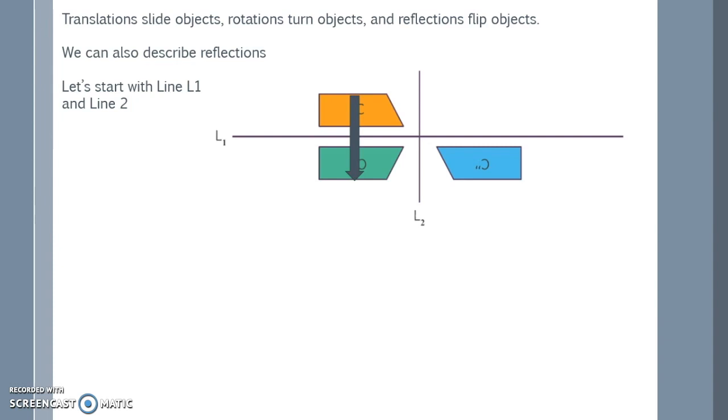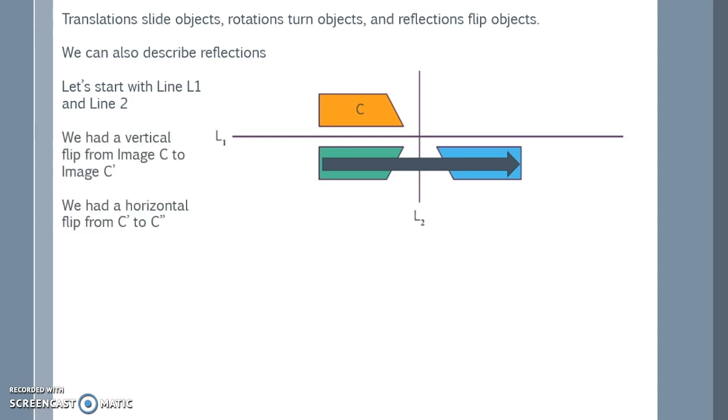Further, if I were to create another line for a reflection, let's call that line 2, I can flip from C prime to C double prime and reflect over that as well. So we had a vertical flip from image C to image C prime, and we had a horizontal flip from C prime to C double prime.